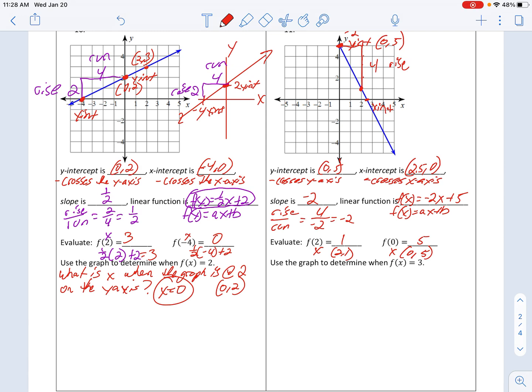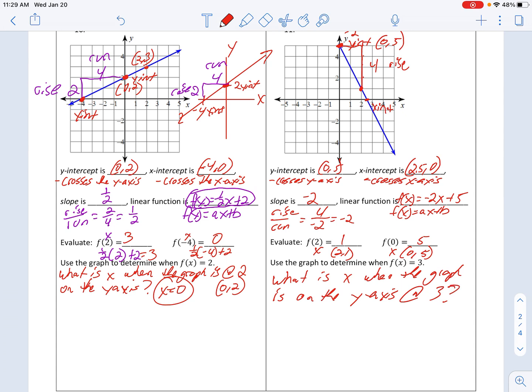Now, the other thing is, we want to work it backwards to say, when the output is 3, this is what this says, when, or I should say where, let me try this one more time. What is x when the graph is at 3 on the y-axis?